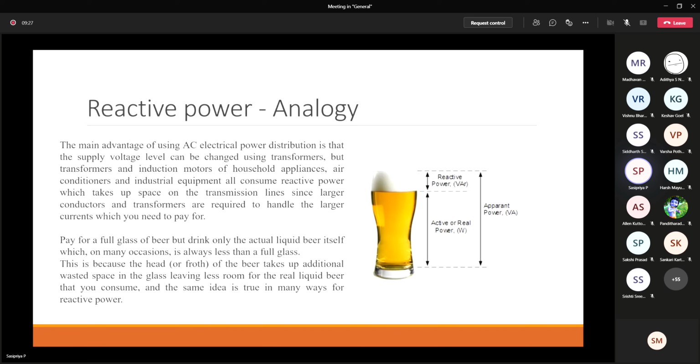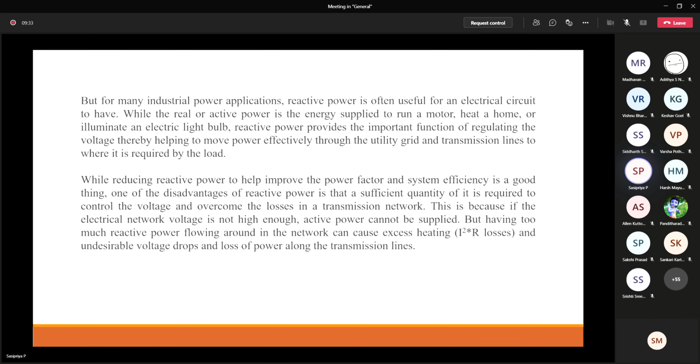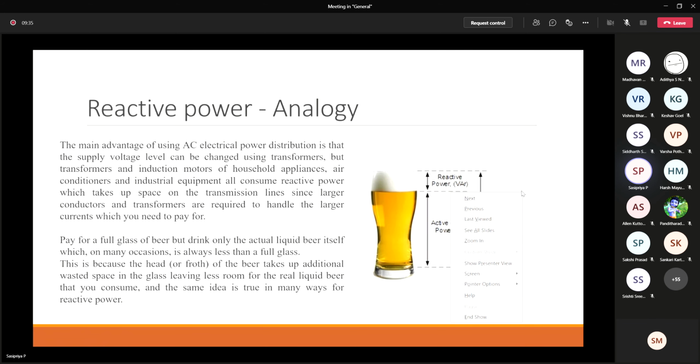So this is a glass of beer, or glass of juice, whatever. If you consider a whole glass, only this much is fluid, and the remaining is nothing but foam.